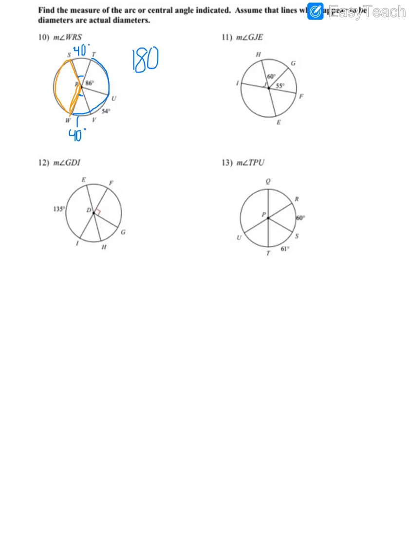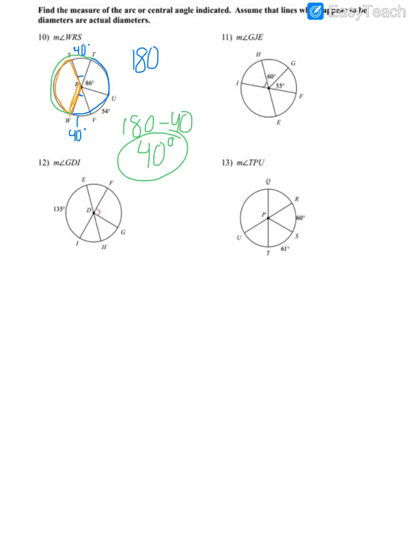And then we have one more step. So now our orange angle plus that 40 also makes up another semicircle over here, 180. So this missing angle that we need is going to be 180 minus 40, which is 40 degrees. And remember, the arc and the angle, they're the same thing, so we don't have to worry about changing any numbers.